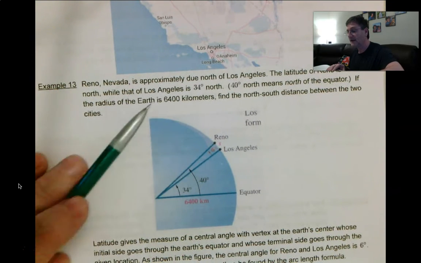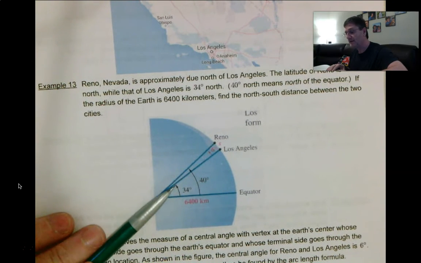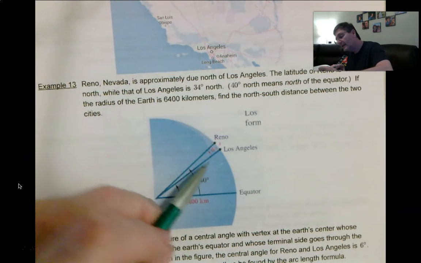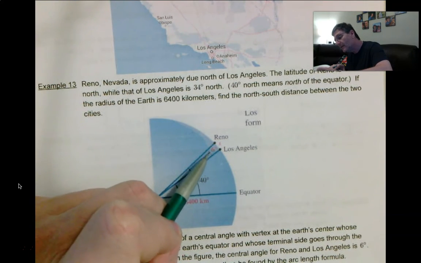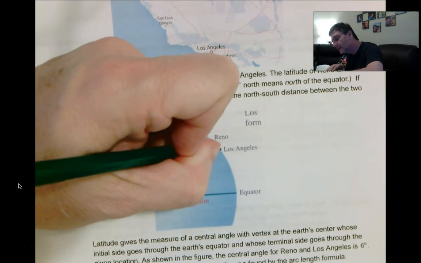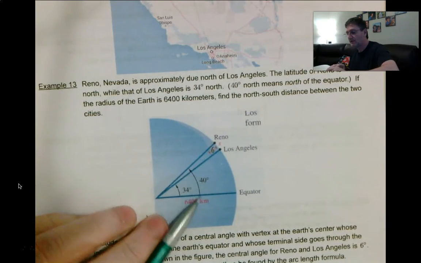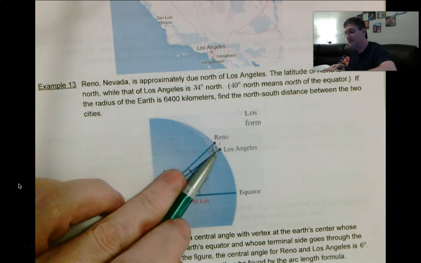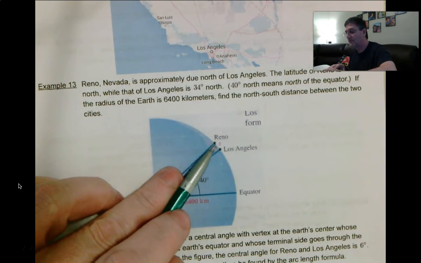Whereas LA is 34 degrees above the equator. So what we need is this angle here, which is 6 degrees. 40 degrees minus 34 degrees, giving us 6 degrees. So it's 6 degrees between LA and Reno.